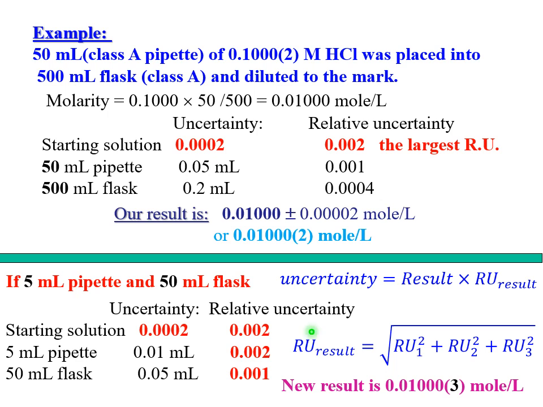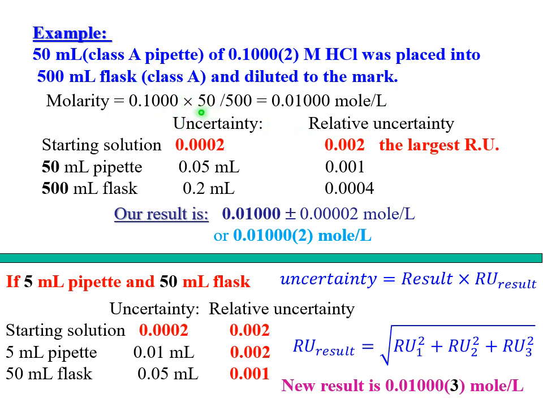Let's look at one example. Again, I have a 0.1000 with uncertainty 2 molar HCl solution. I take it by a 50 ml class A pipette and place it into a 500 ml volumetric flask, again class A, and dilute it in this flask to the mark, of course with mixing.